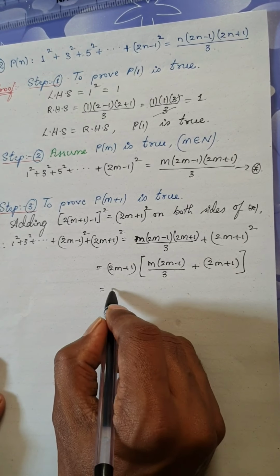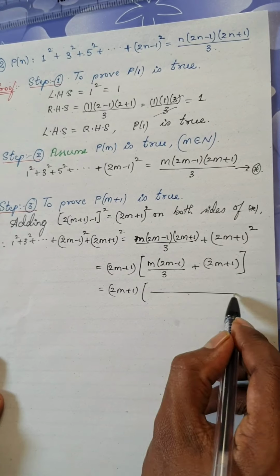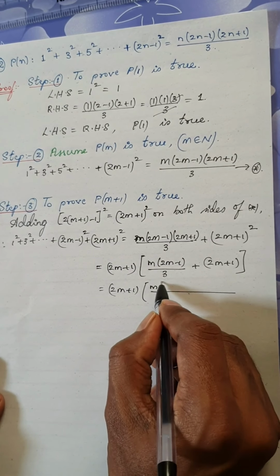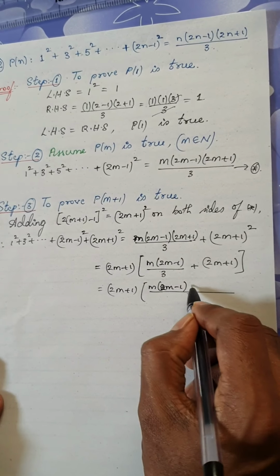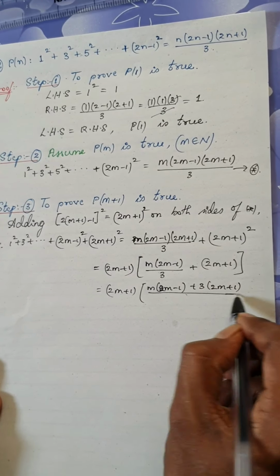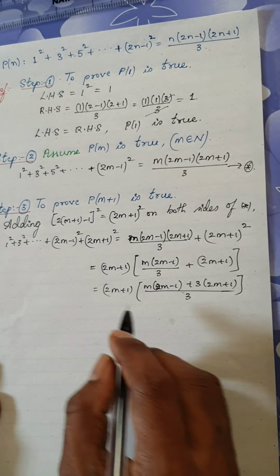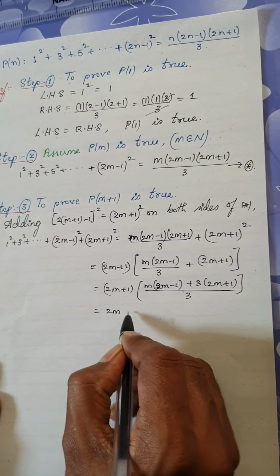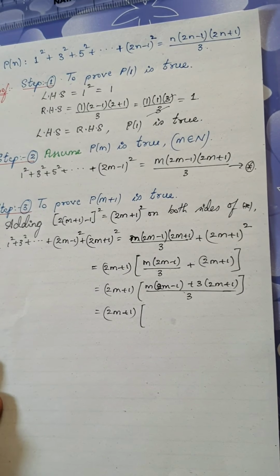So this is nothing but (2m plus 1) into, let me take the LCM, so this will be m into (2m minus 1) plus 3 into (2m plus 1), divided by 3, isn't it? So this is nothing but 2m plus 1, the outside term is clear, you have nothing to do with this.